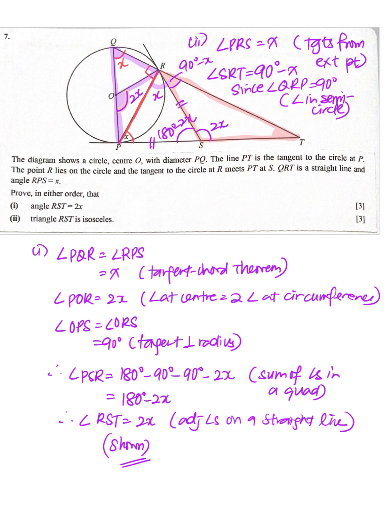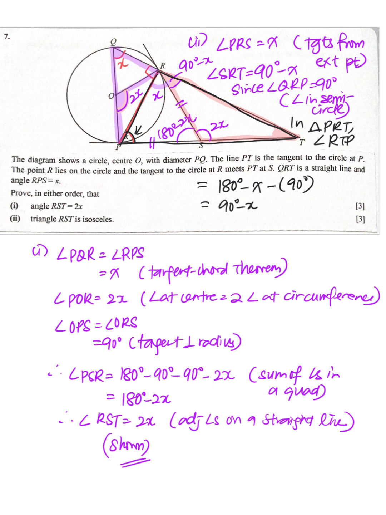Then in triangle PRT, the big triangle, angle RTP will be equal to 180 minus your x here and minus your 90 degrees, so it'll be 90 degrees minus x.